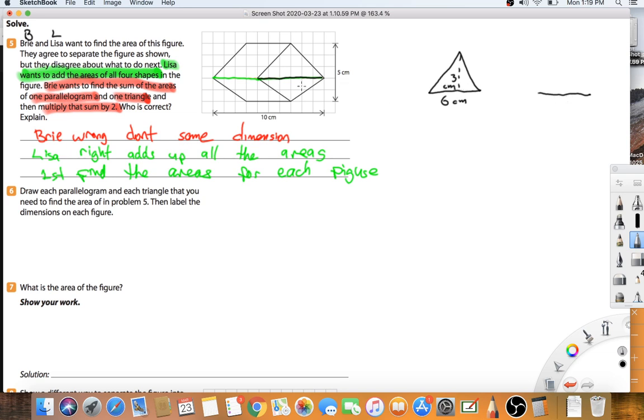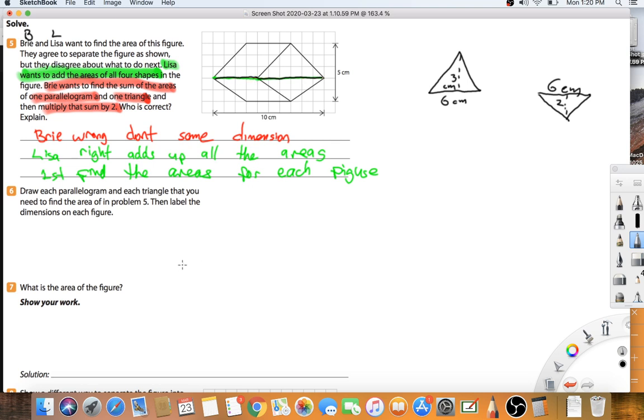Now for this triangle, this one in the bottom, it's 1, 2. It's just 2 for the height. I know that they look the same, but this one would just be 2 for the height, and then this base right here would be 6 centimeters because they share the same base. Now, what about for this parallelogram? We have 1, 2, 3, 4.